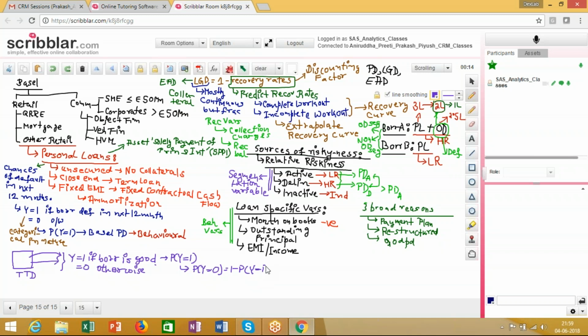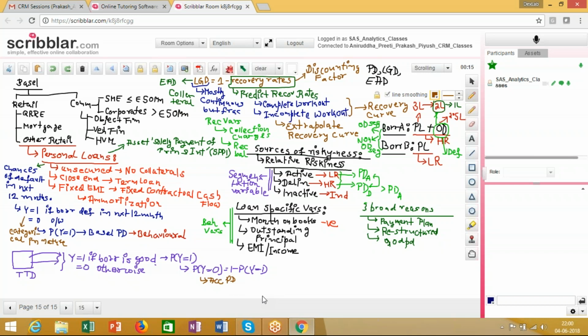But what is the basic difference between this PD that I have calculated, which I call over here the acquisition PD? So what is this acquisition PD?